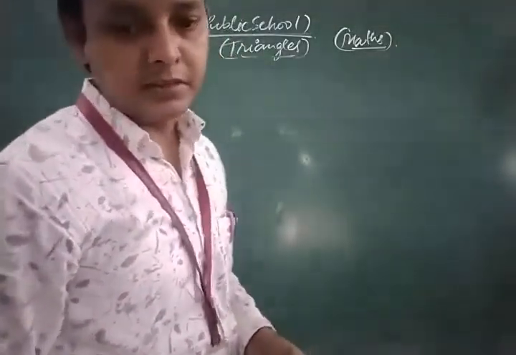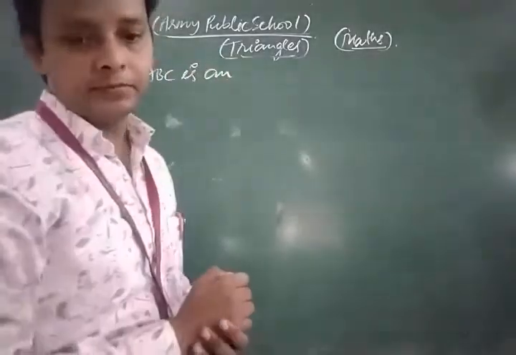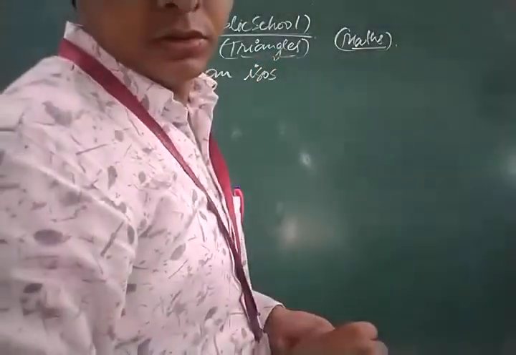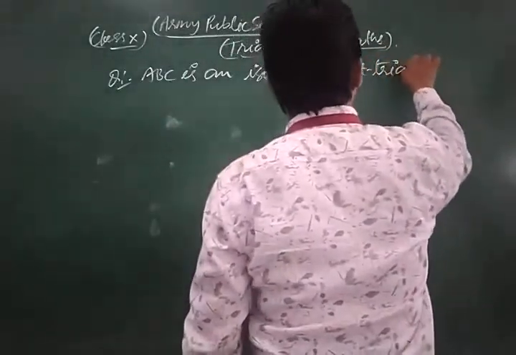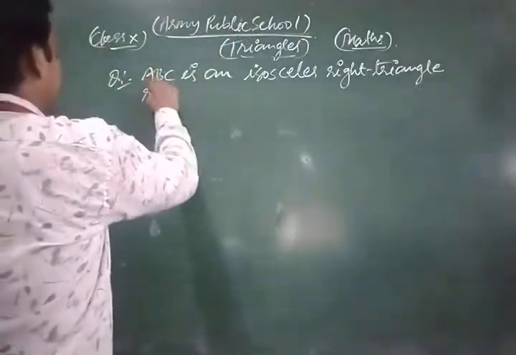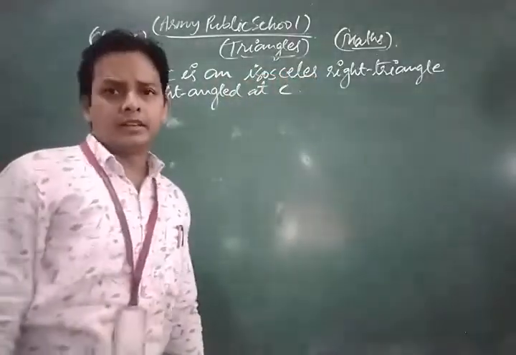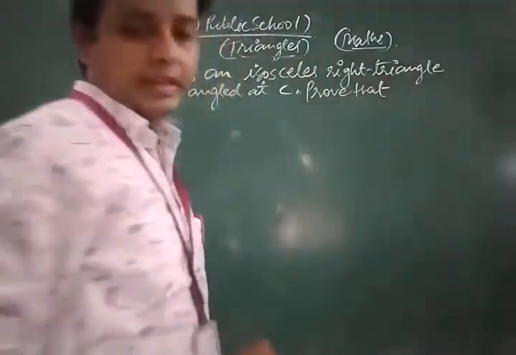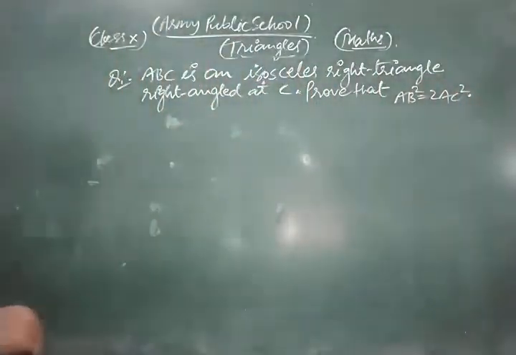Let's see. The question is: ABC is an isosceles right triangle, right angled at C. Prove that AB square is equal to 2 AC square.